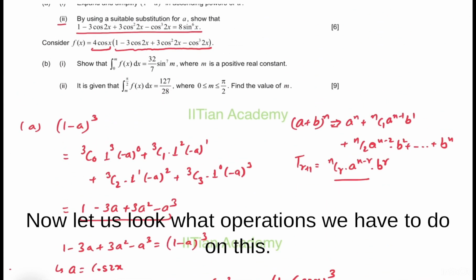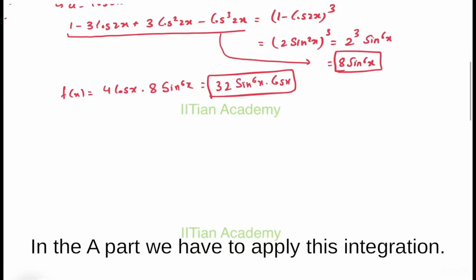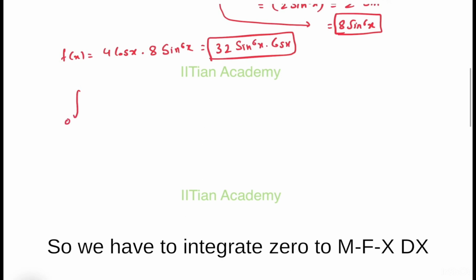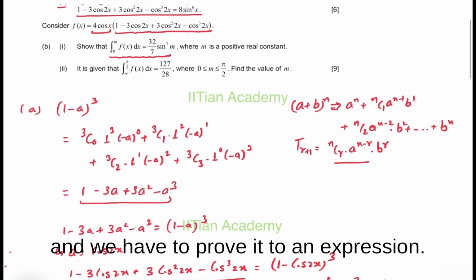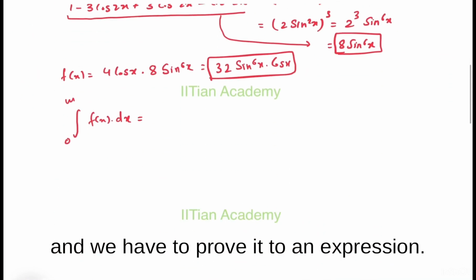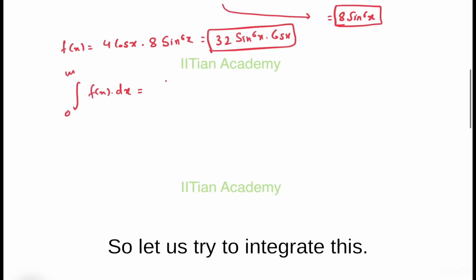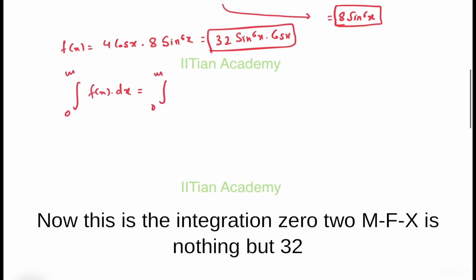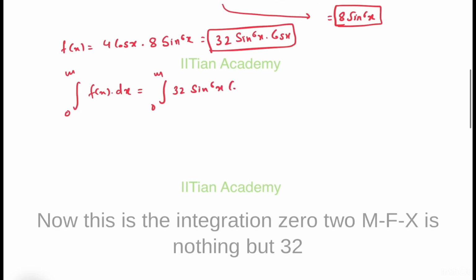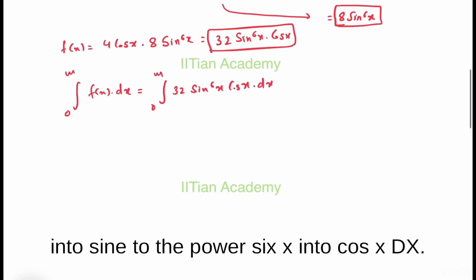Now let us look at what operations we have to do on this. In part A, we have to integrate f(x) from 0 to m and prove it equals an expression. So let us try to integrate this. The integral from 0 to m of f(x) is 32 sin^6 x cos x dx.